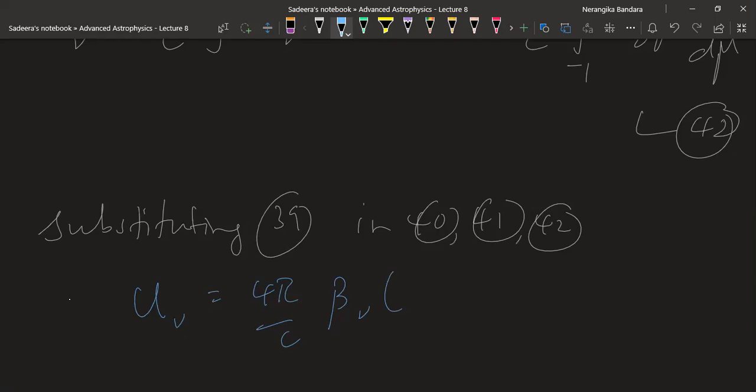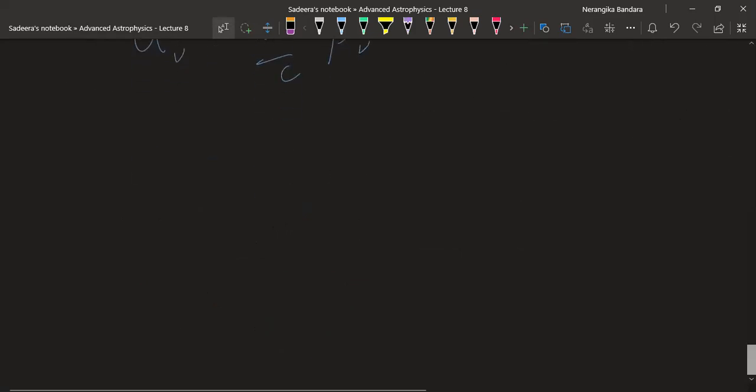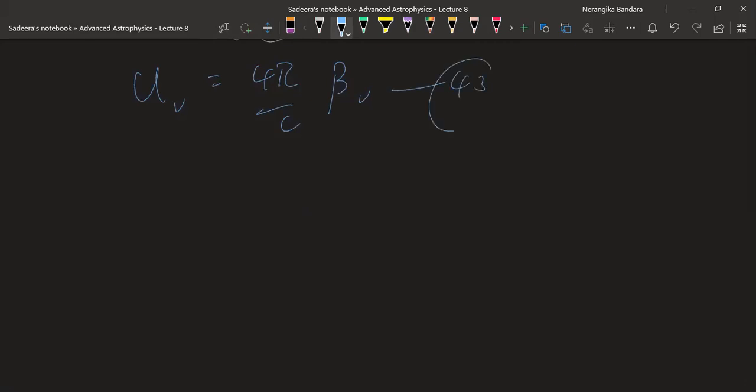B nu would be a function of optical depth, so that everything's clean. I'm just going to keep it like that. Let's call this equation number 43. And similarly, you can write down the flux would be equal to 4 pi over 3, dB nu over d tau, which is equation number 44.